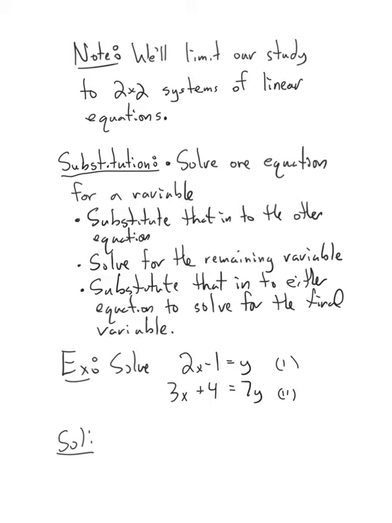So wherever we see a y in the second equation, remember, these guys are equal at the solution point, where we have a proper x and y that cause equality. And we want that point. So when we have a solution to this system, these equalities hold. So at the solution point, y equals 2x minus 1. So we can substitute that in. So let's substitute 1 into 2, okay?